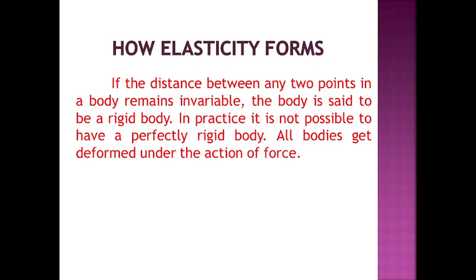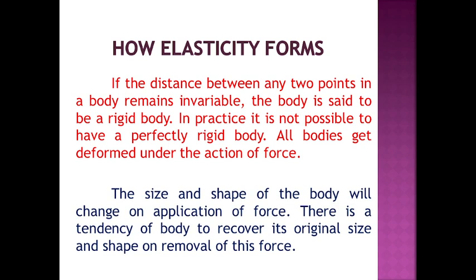So how does elasticity form? First we need to understand what a rigid body is. If the distance between any 2 points in a body remains invariable, the body is said to be a rigid body. In practice, it is not possible to have a perfectly rigid body. All bodies get deformed under the action of force. When we apply force, there will be some change in the size or shape of the body.